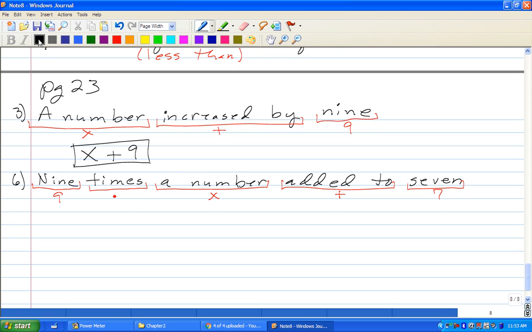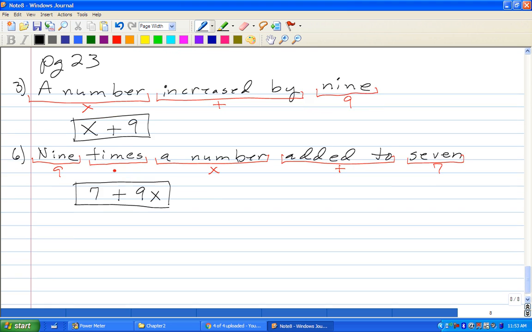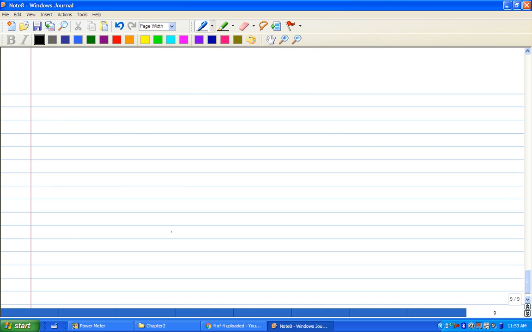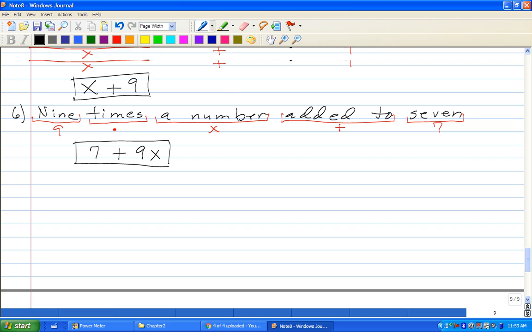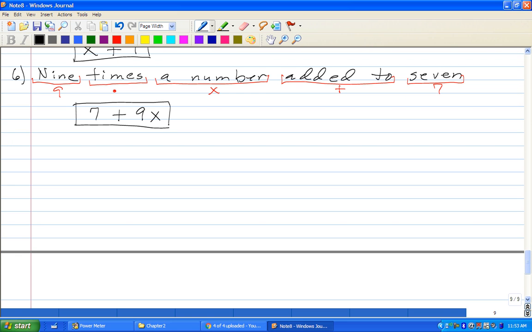So this is 9 times x added to 7. And that is your answer. You can write it as 9x plus 7 also, but the pure translation is 7 plus 9x.